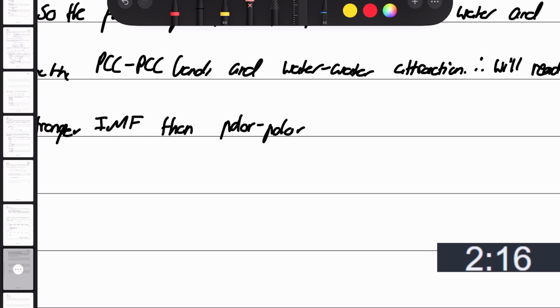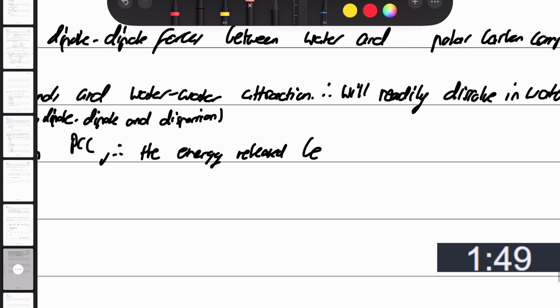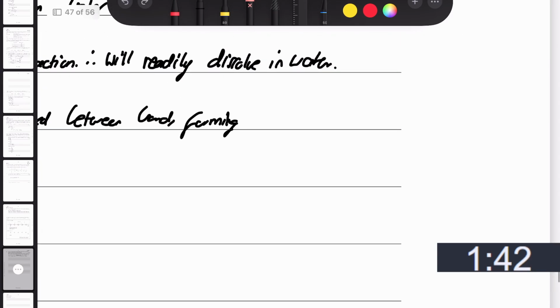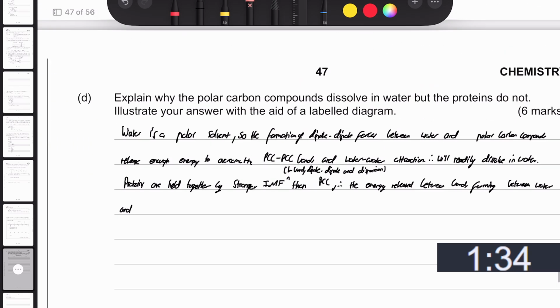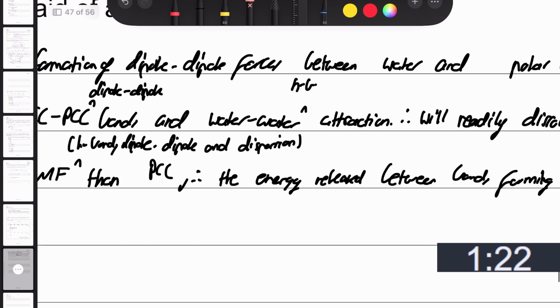Polar, then the polar H bond, dipole, and dispersion, and PCC, therefore the energy released between bonds forming of water between water become PCC dipole bond.